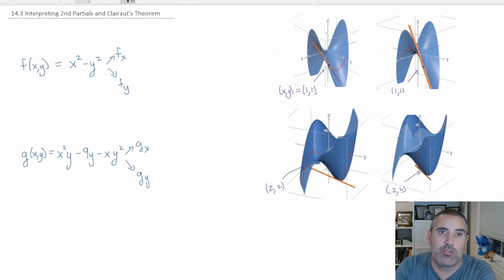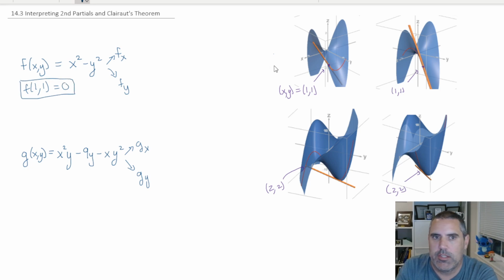Now, you can plug into the function to get the height, meaning f of 1, 1 would tell you the height. So let's go all the way back here. The height is 0. So that's what that means. It means it actually at 1, 1 is on the xy plane. This one, g of 2, 2.